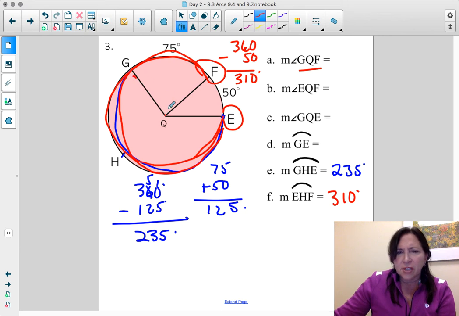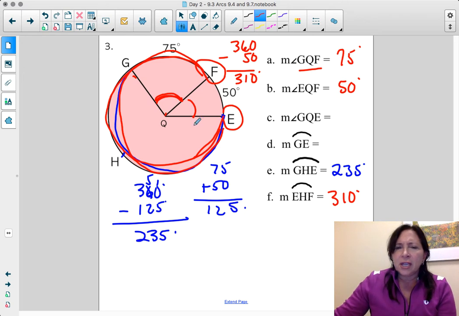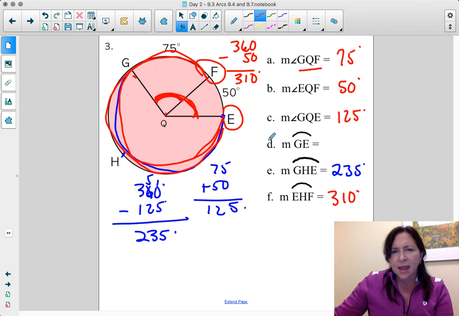GQF, this major arc here, has a measure of 75 degrees. EQF would have a measure of 50 degrees, central angle. GQE, this length here, which is 75 plus 50, is 125 degrees. And arc GE would also have the same arc measure as the central angle, 125.